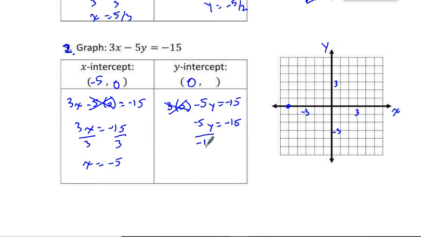Divide both sides of the equal sign by negative 5. y equals positive 3. And using a straight edge now, you can connect both of these points. And it's helpful to extend completely through the given set of axes.